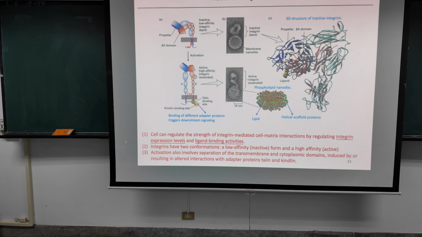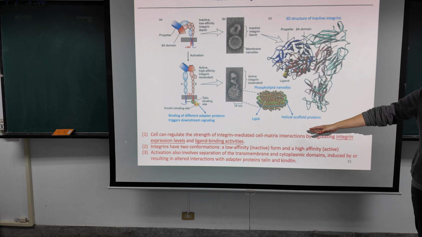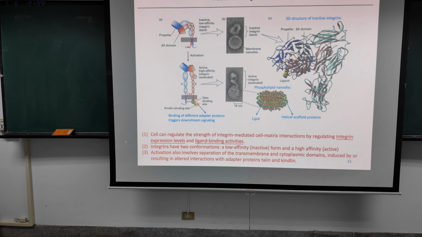First, you just regulate the integrin's expression rate. Okay, but it doesn't make sense to use this mechanism to regulate the adhesion site because it's too slow. If the cell receives the signal and the signal is transferred to the nucleus, and the DNA starts to do the transcription and finally mRNA, and they go to the ribosome for translation, and finally this protein will go to the plasma membrane. It usually takes 15 to half hours to do this.